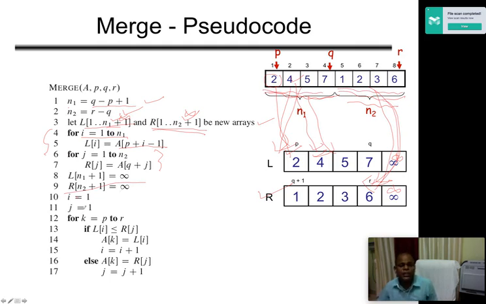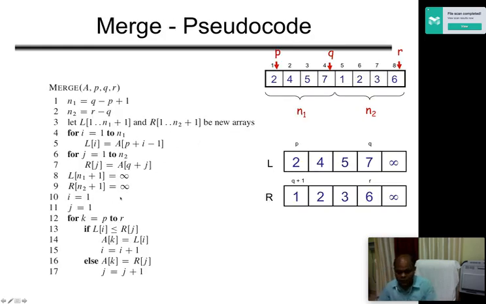Now merge is taking place here. Now what is i equal to 1? That means i will point to here, and j is equal to 1, that means j will point to here. Then what is happening? For k is equal to p to r, k will point to p and it will go up to r.